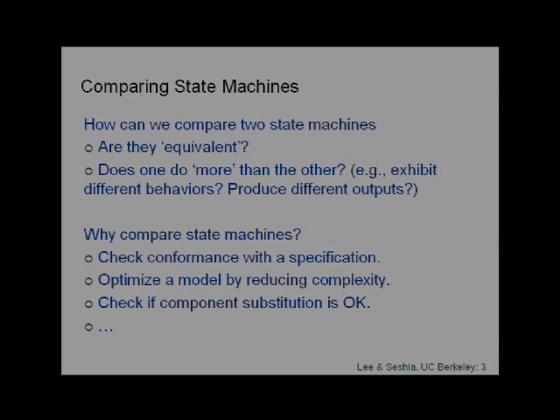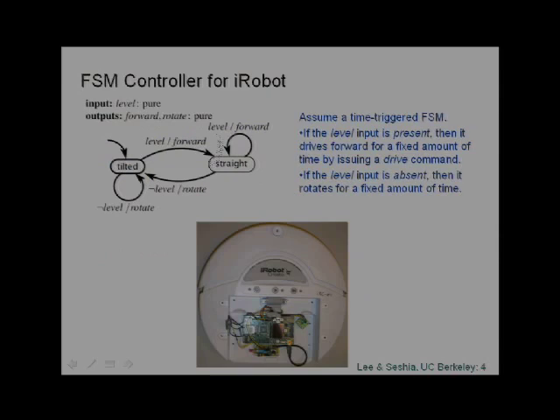So let's go back to our iRobot, and we'll construct a model of the controller for the iRobot, a very simple-minded model. Here in this model, it takes in one input, a pure signal level. Okay, so if this is the ramp, that's the flat portion, and this is the inclined portion of the ramp.